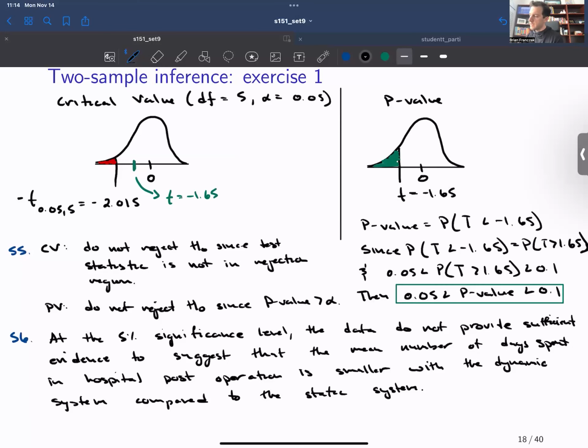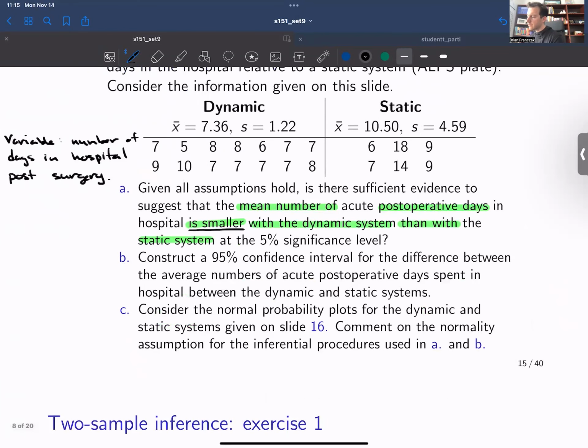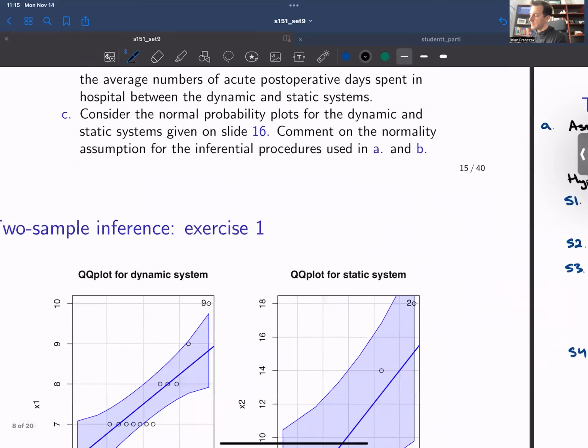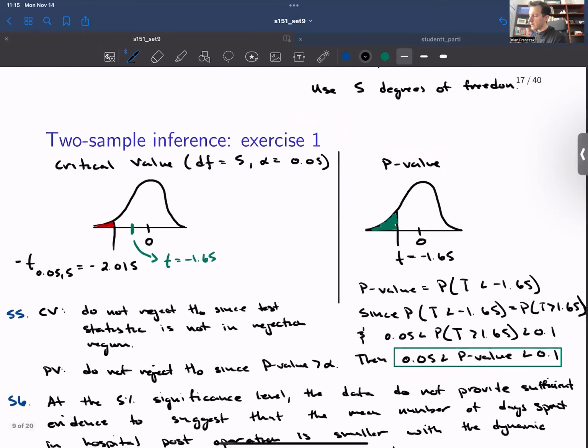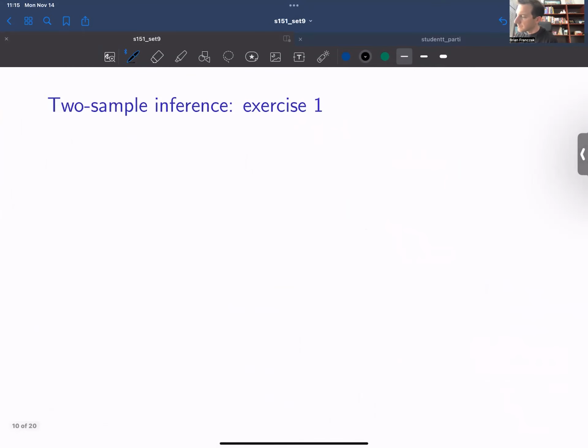In part B, we are asked to construct a 95% confidence interval for the difference between the average number of days spent in hospital between the 2 systems. So this is going to be a three-step procedure like we had before.